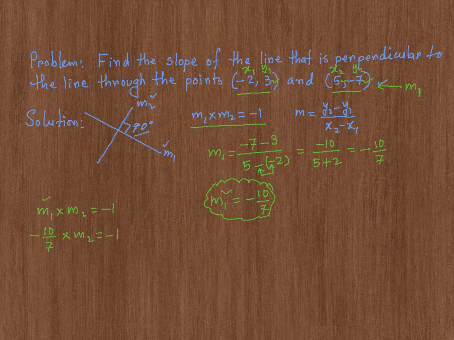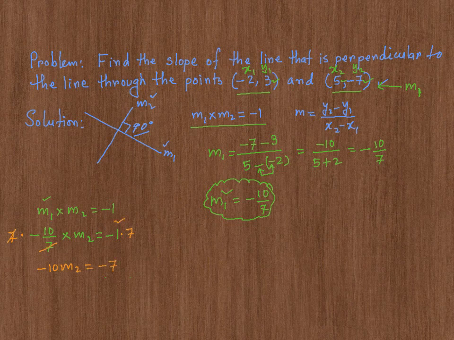Now I can multiply both sides of this equation by 7. This 7 is going to cancel, which gives me -10 times m2 is equal to -7.